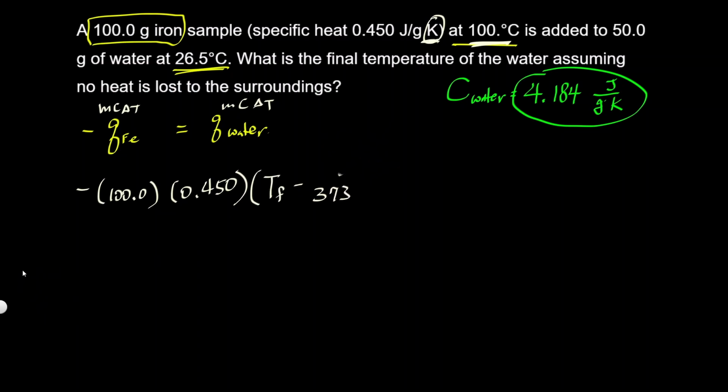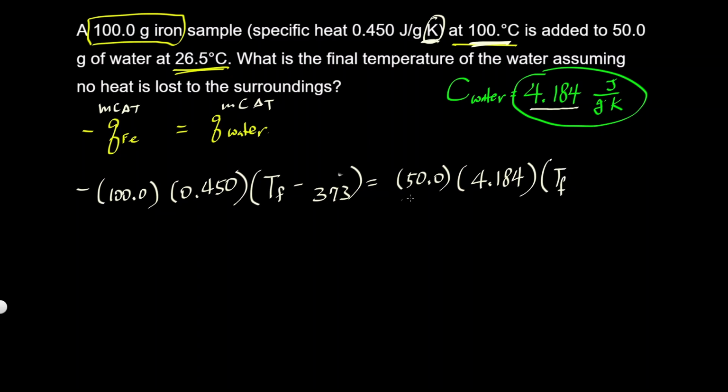Okay, that's going to be equal to the water side. Water M will be 50.0 grams. Specific heat for water, I'm just going to use 4.184. You have to check, because different teachers would have different values here. So I'm just going to use 4.184 joules per gram per K. And then we're going to have the same T final.